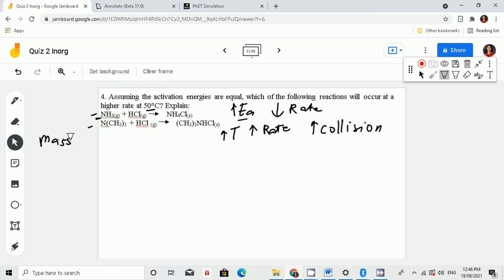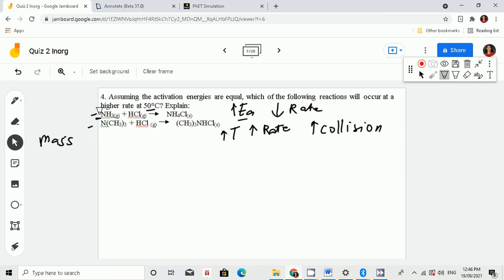Mass also affects the rate of reaction. If we have a fat person and a thin person, the thin person runs faster than the fat one. We can apply that in our molecule too, and determine who is faster by looking at their mass.